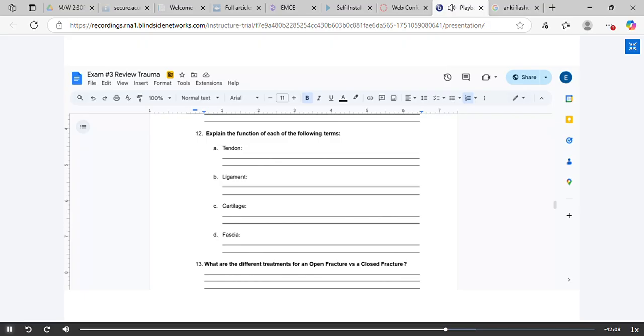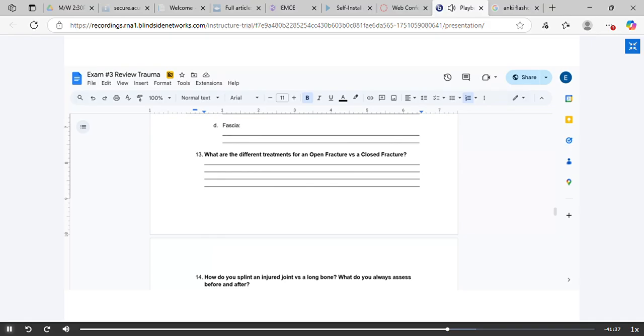If you've ever gone to a cadaver lab, or if you've ever had A&P and you had a lab where you were dissecting something, you have that connective tissue that you have to get through to get to the muscle, or that connective tissue that's surrounding the muscle, then that's fascia. Okay. And it's everywhere in our body. So just kind of know the difference between the four different things here. Specifically, tendon is muscle to bone, ligament is bone to bone, things like that.